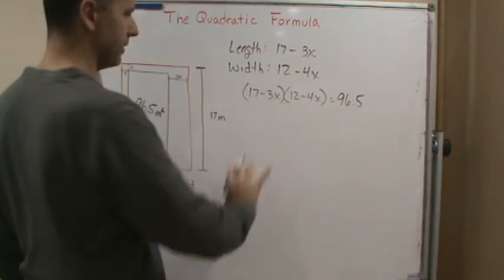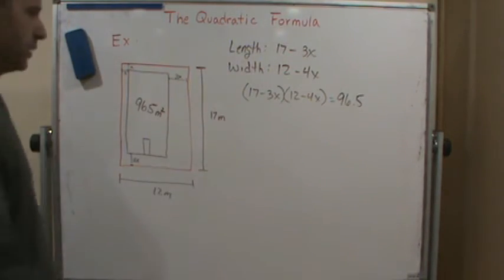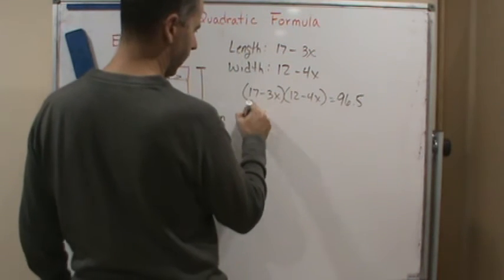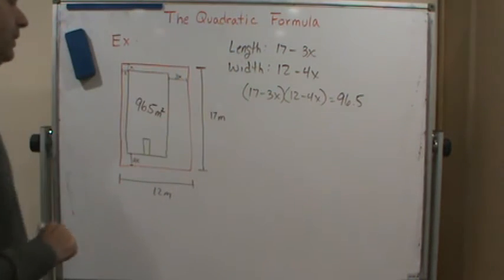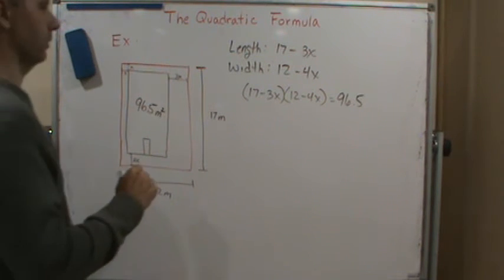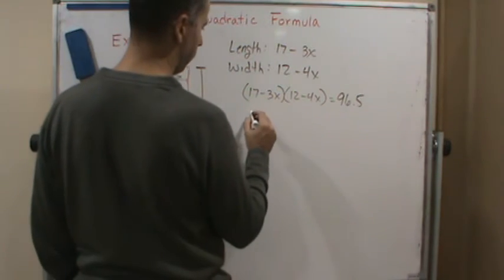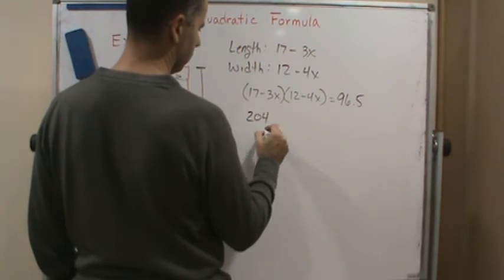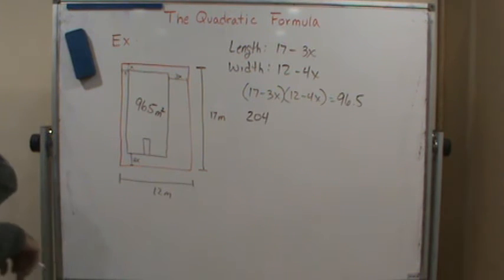So now if we expand and simplify this, what do we get? Well, we get 12 times 17, which is, excuse me, sorry, 204, no wait, did I do that right? No, 170 plus 34.